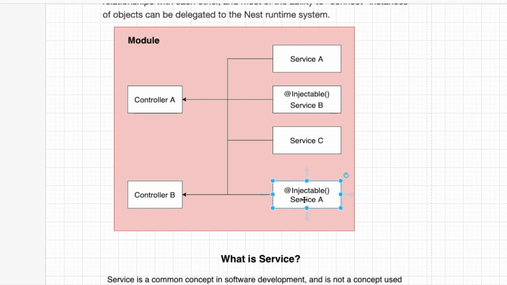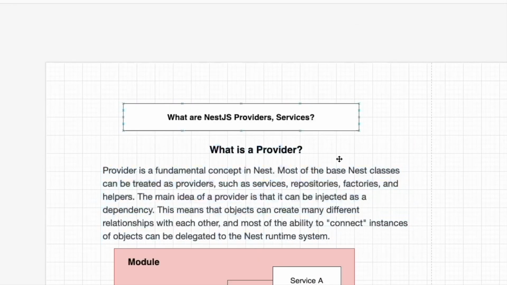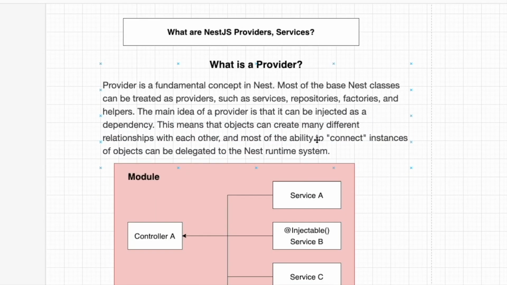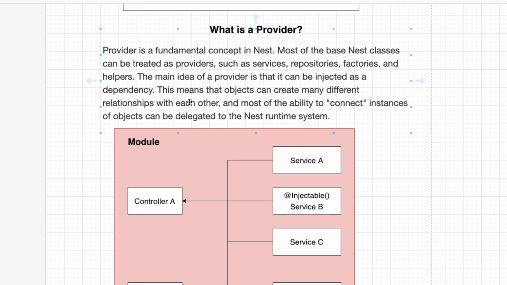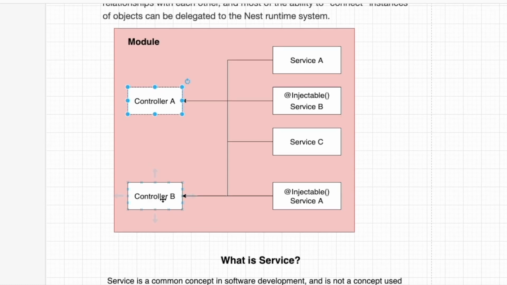The service is also a provider, and not just the service, but also these factories and these repositories. We're also going to make the repository later, and also the helpers. The helpers, repositories, factories, and services are all providers. So a provider can be injected into different controllers or any other component. Inside NestJS, we always inject things because we want to use that service or the repository inside any other component.